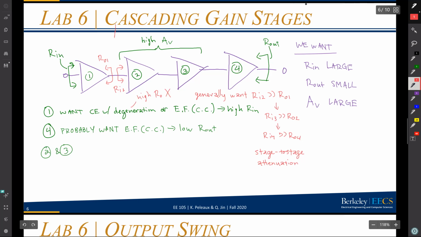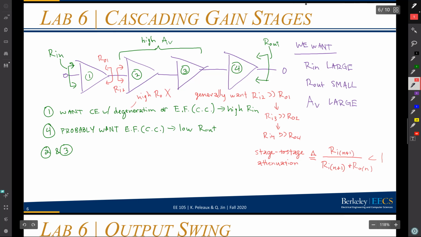Something smaller, is going to be generally Ri n plus 1 divided by Ri n plus 1 plus Rout then. And so the bigger Rout is and the smaller Ri is, the further this gets from 1. So this is always going to be less than 1, but we want it to be as close to 1 as possible. And so this is just trying to get you to think about, when you're choosing the topologies for these different stages, what you should factor into your decision.